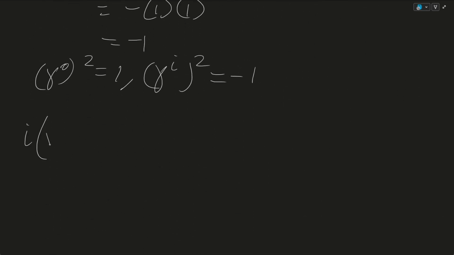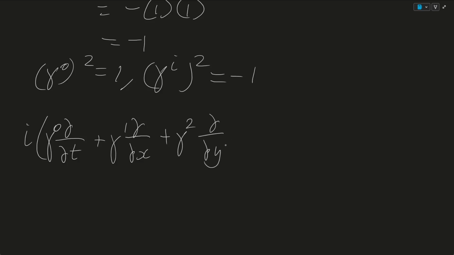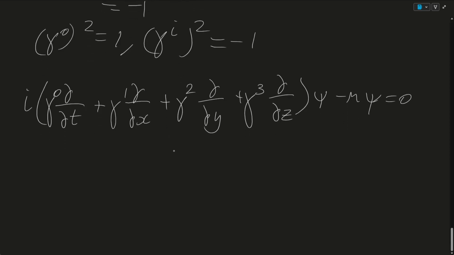Therefore, i times gamma 0 with the temporal derivative, plus gamma 1 with the x derivative, plus gamma 2 with the y derivative, plus gamma 3 with the z derivative, times the wave function, minus the mass, is equal to 0.